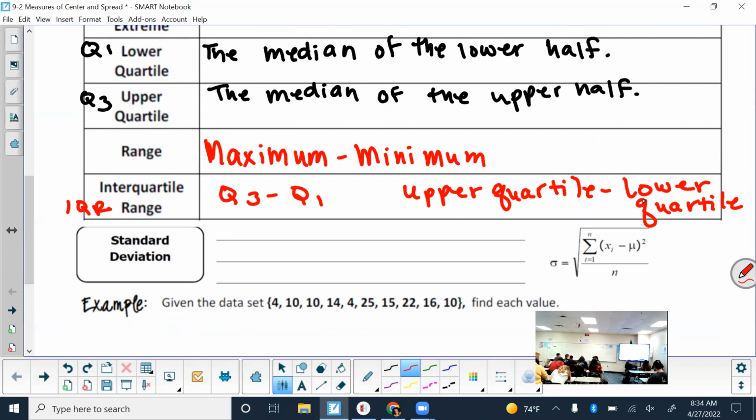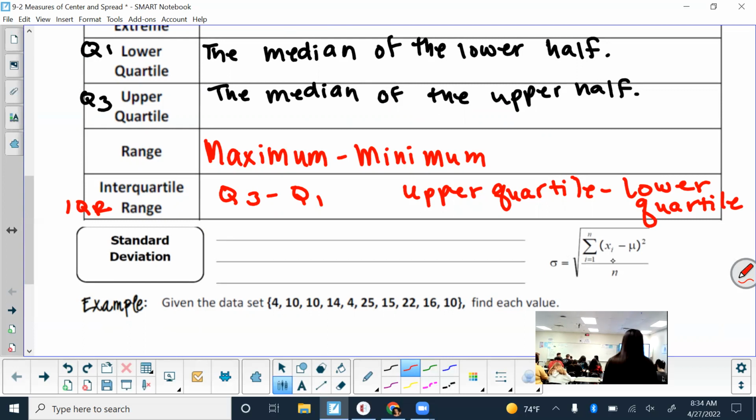All right, so then we also have standard deviation. It has a big formula, right? It's right over here. It's kind of tedious to find the standard deviation. Usually we'll spend like a whole day on it. But you don't really need to know it for this upcoming test.